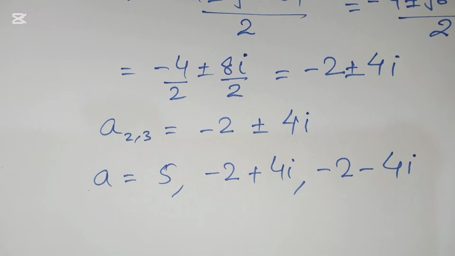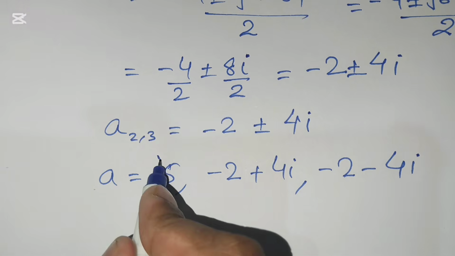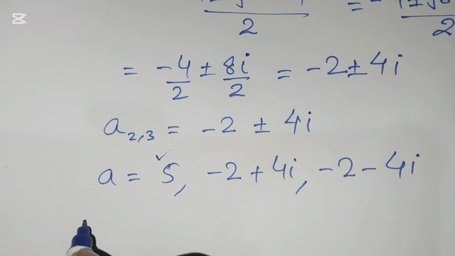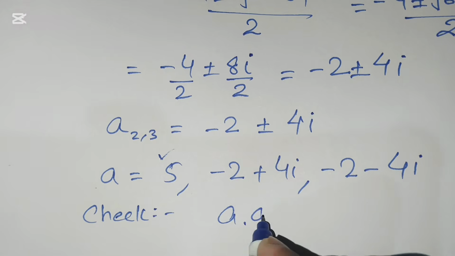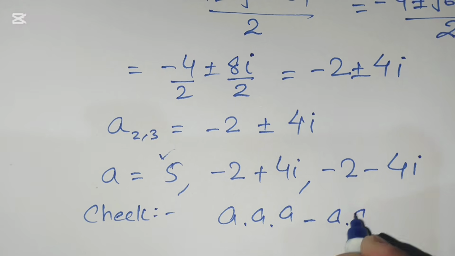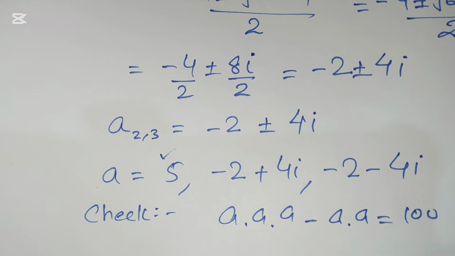So we will check the value in our given question, whether it is true or not. A times A times A minus A times A is 100.